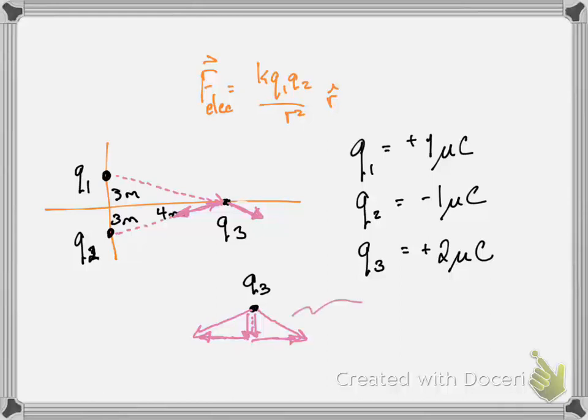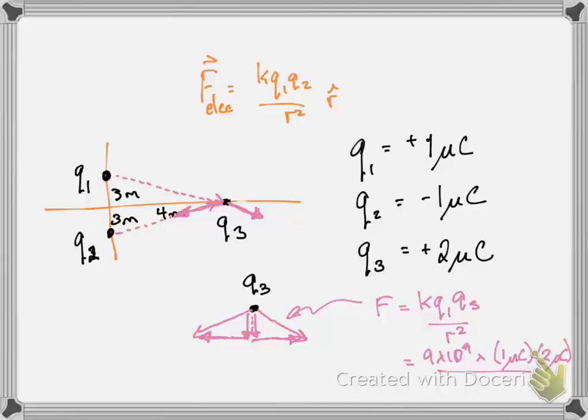The electric force in magnitude is k q1 q3 over r squared, or k q2 q3 over r squared. They each have the same magnitude, which we can even put in the numbers. 9 times 10 to the 9th times 1 microcoulomb, that's for Q1, times 2 microcoulombs, that's for Q3, divided by their distance squared.